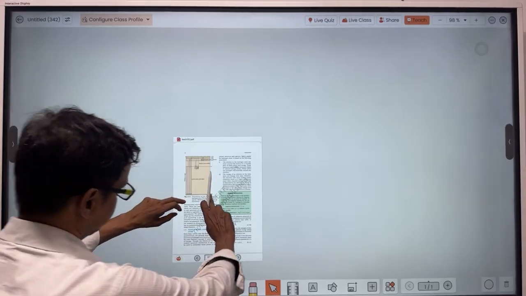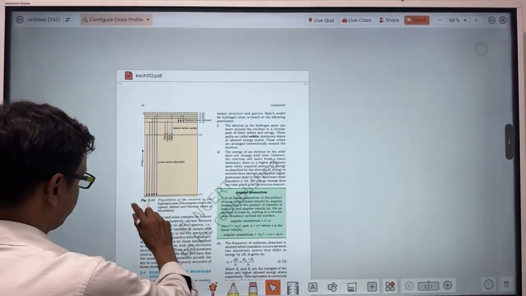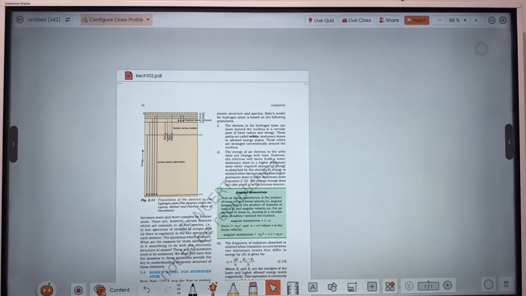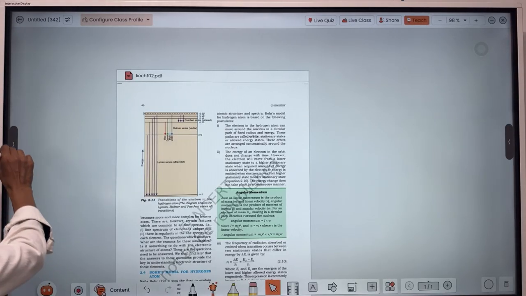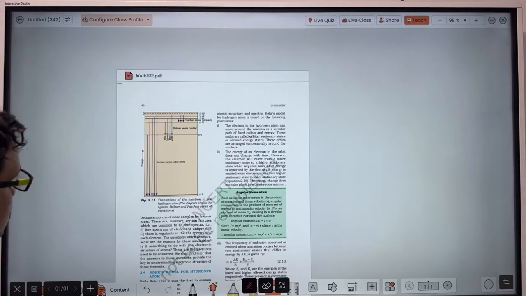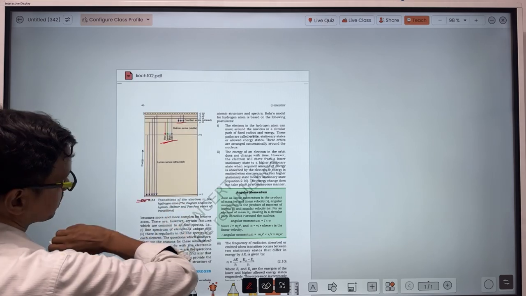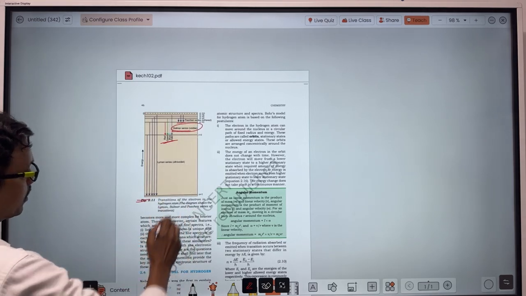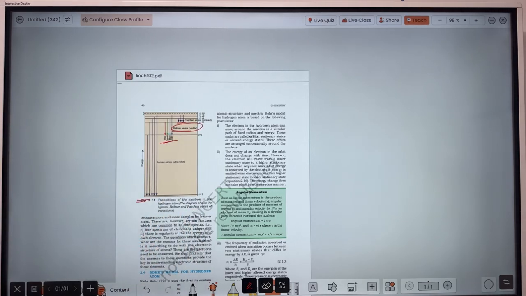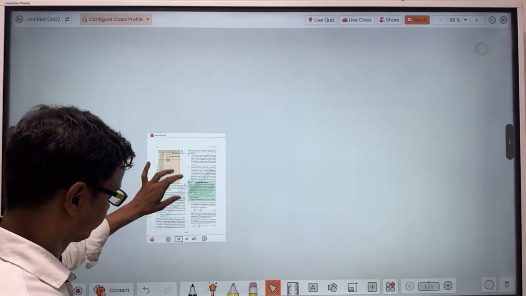So let's see here. This was the Lyman series. Here, Balmer series, Paschen series, Brackett series, Pfund series, and here it is written already. Balmer series: visible light falls under the Balmer series.